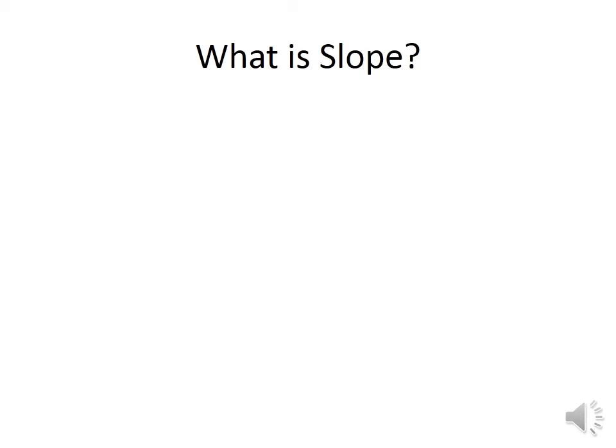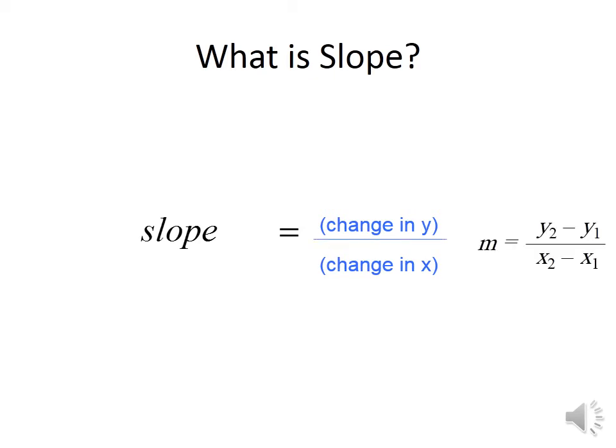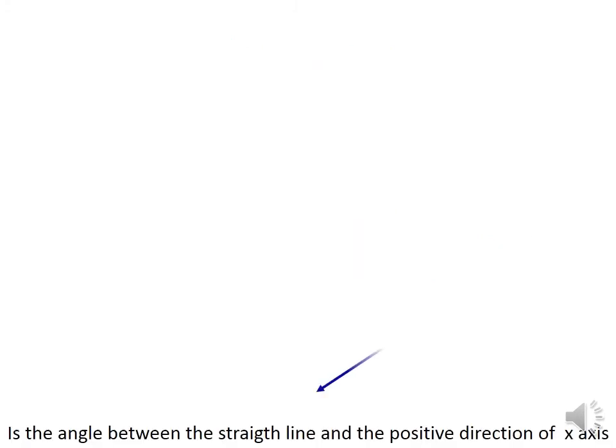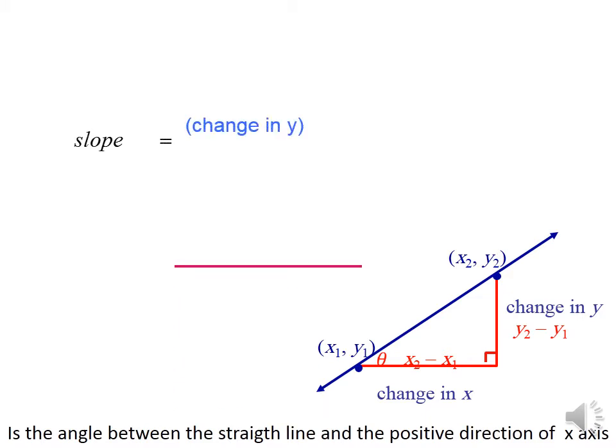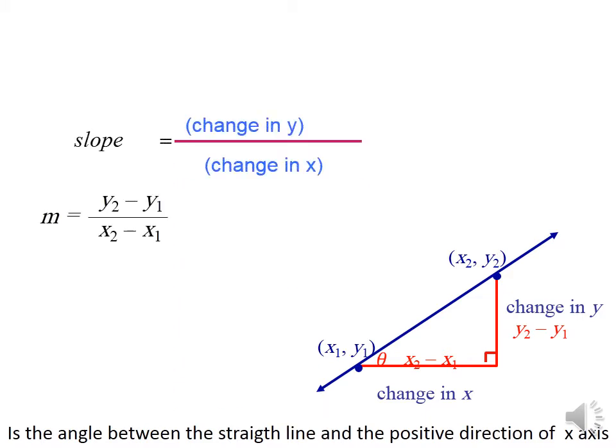Finally, the slope is the change in y over change in x, or y2 minus y1 over x2 minus x1. The slope equals the change in y over the change in x. That means y2 minus y1 over x2 minus x1.